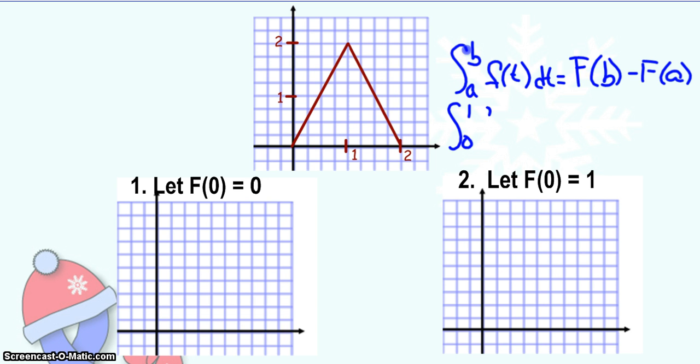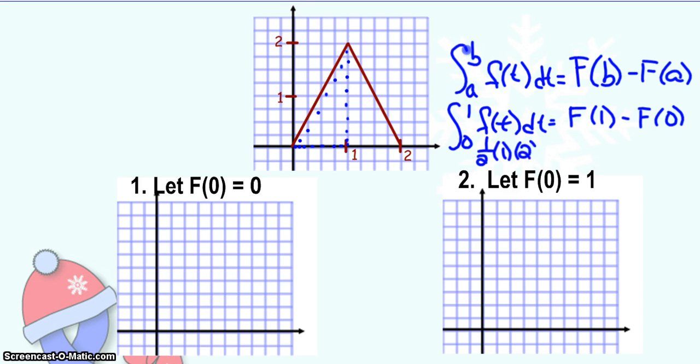So I'll say the integral of 0 to 1 of f of t dt, that's going to be equal to F of 1 minus F of 0, correct? Now, lovely triangle I have here. The area underneath the curve from 0 to 1 is going to be 1/2 times 1 times 2, which is 1, right? So in two cases over here.